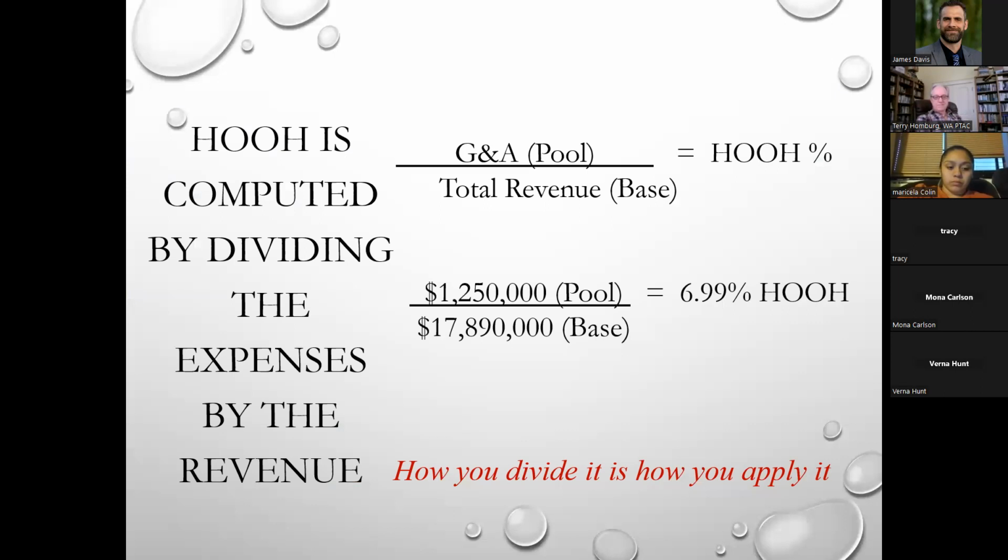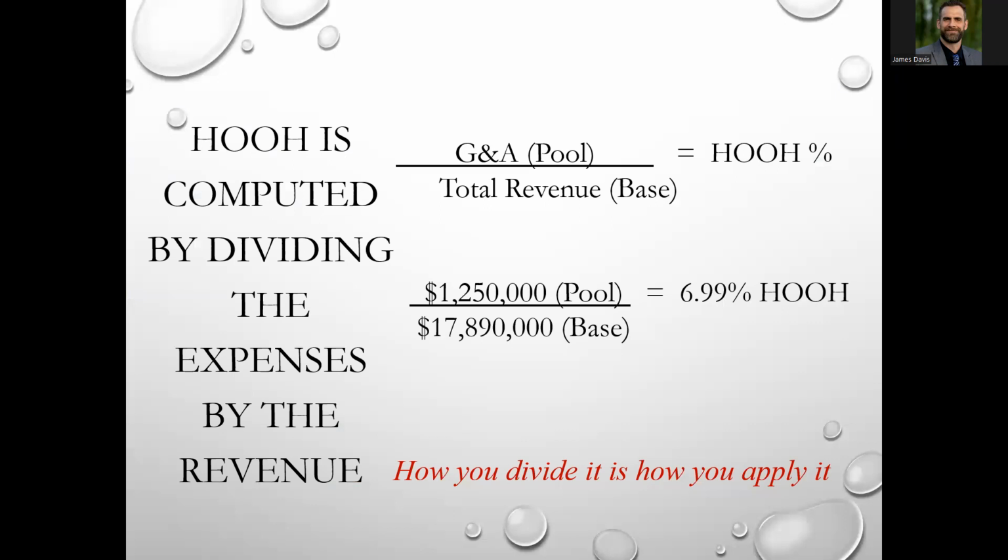So home office G&A markup on top of my direct cost is computed by dividing your expenses by the revenue. Now, the rule I want you to remember when you're talking about G&A and markups is: how you divide it is how you apply it. In manufacturing, they may say, I don't count my revenue, I count my machine hours, so I charge every time the machine turns on and produces something.